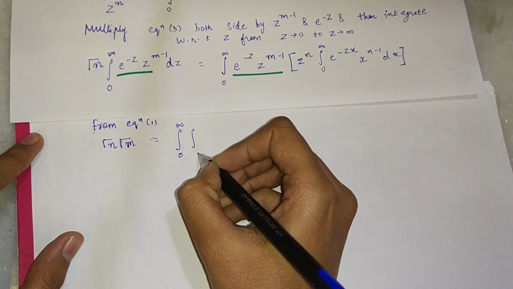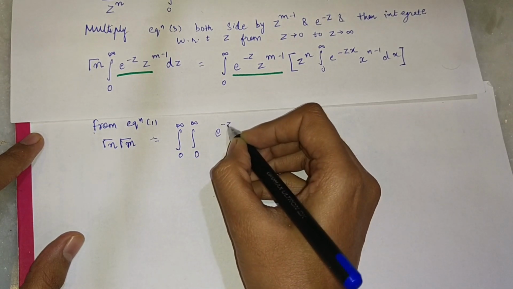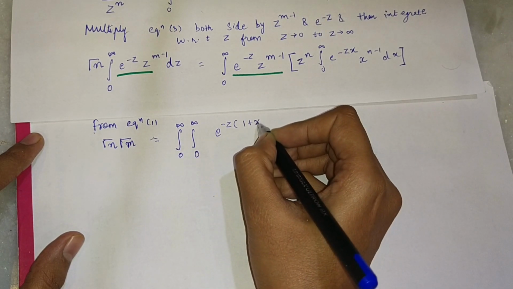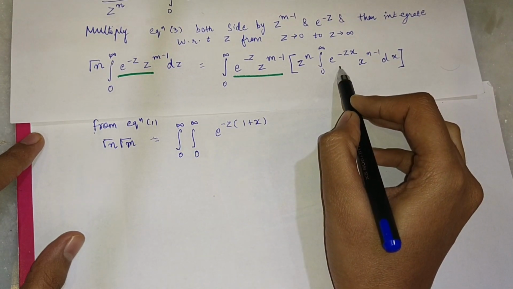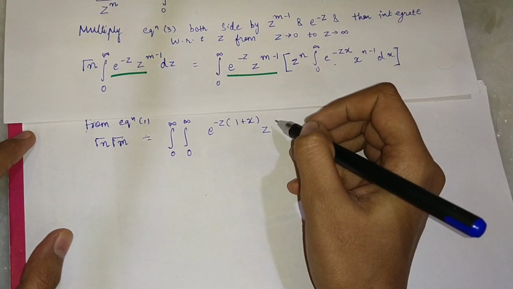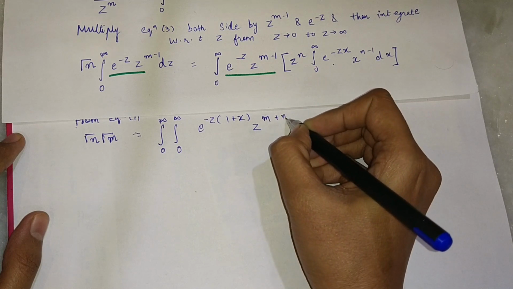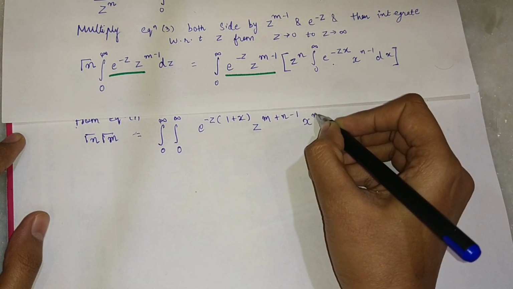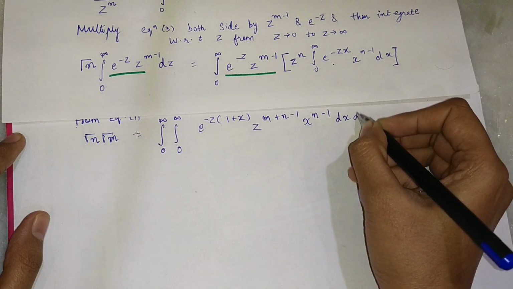We will take this limit outside, so we will get e raised to minus z(1 plus x). This is e raised to minus z and this is e raised to minus zx, which we multiplied, and similarly we multiply the z terms, so we will get z raised to m plus n minus 1, x raised to n minus 1 will remain as it is, and dx into dz.